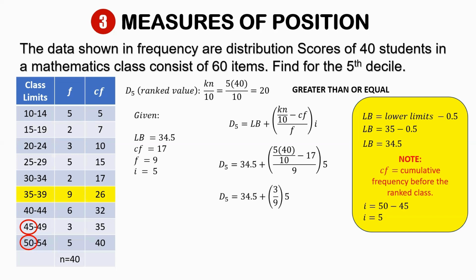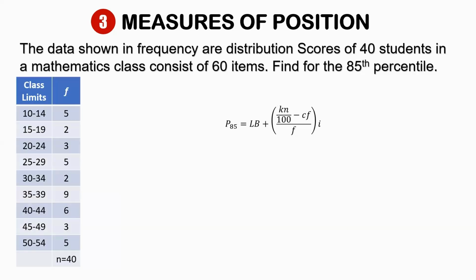We simplify the value inside the parentheses, and that is equal to 36.7. So that will be our decile 5, or the fifth decile. Hence, 50% of the scores are less than 36.7.